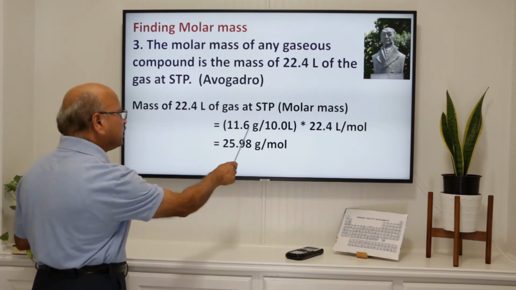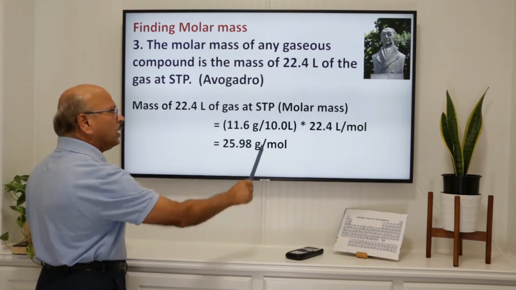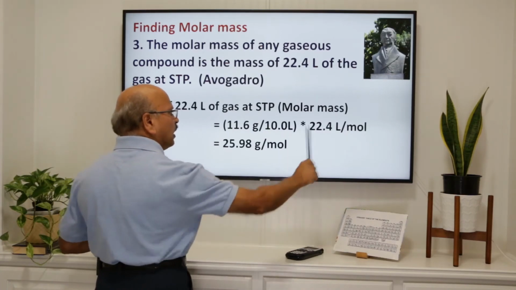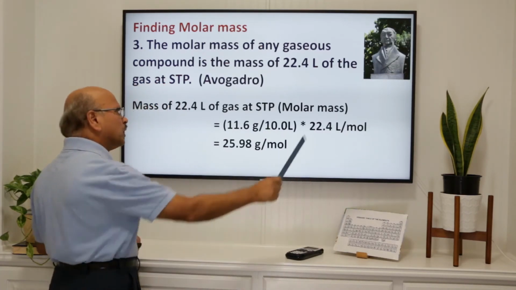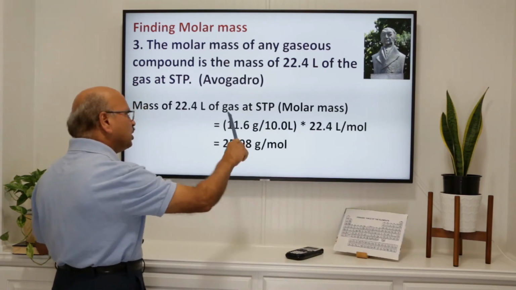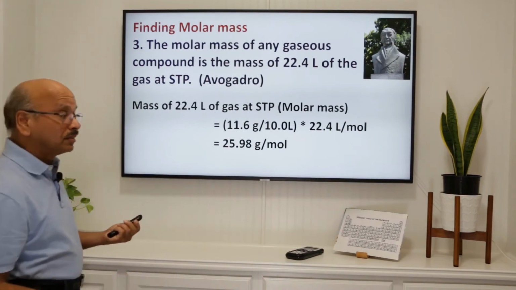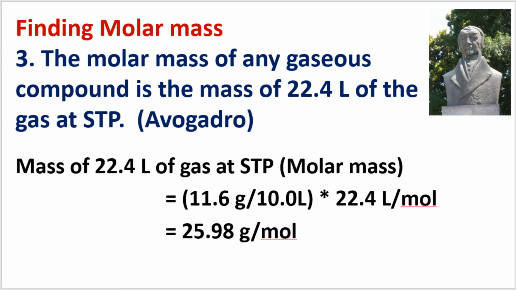So 11.6 grams comes on the top, and 10.0 liters at the bottom. Multiply with 22.4 so that the liters cancel out, and that gives you the mass per mole. Mass per mole is the molar mass. So we get 25.98 grams per mole as the molar mass.